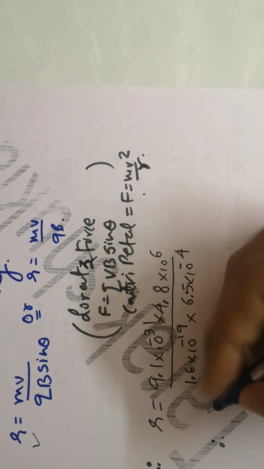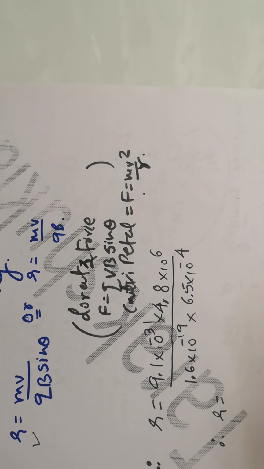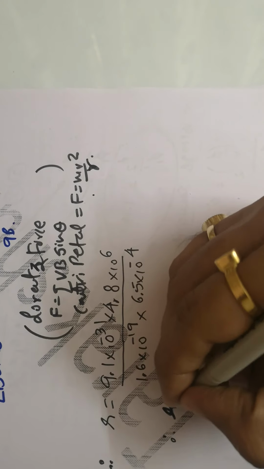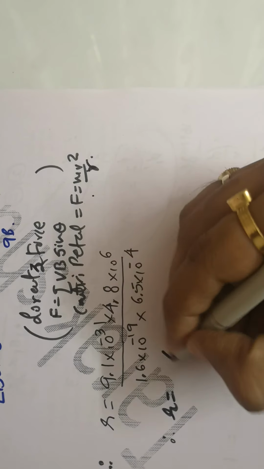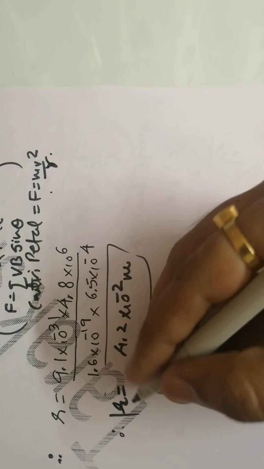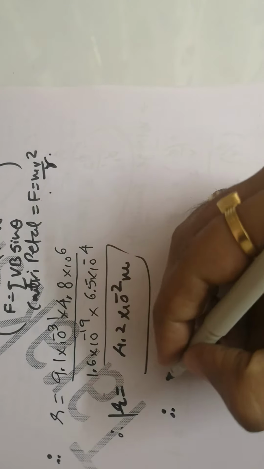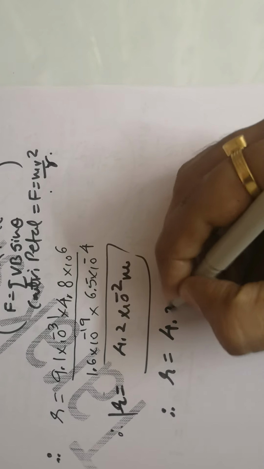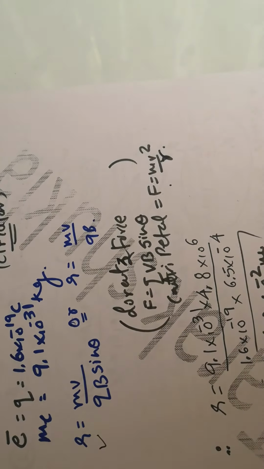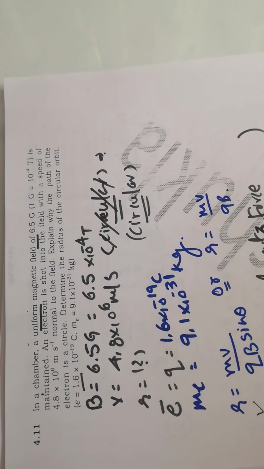You can first go with the powers and calculate them, then you have all the data. My radius r will be 4.2 cross 10 to the power minus 2 meters. Since the power is 10 to the power minus 2, that is 4.2 centimeters. So this is what you can conclude about example number 4.11, which deals with the theory of the cyclotron.